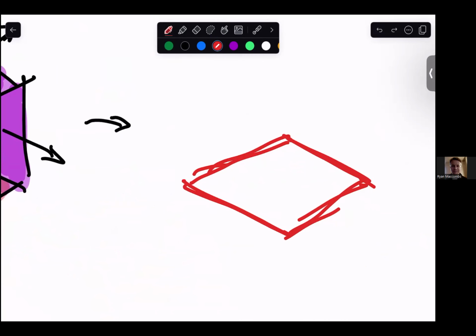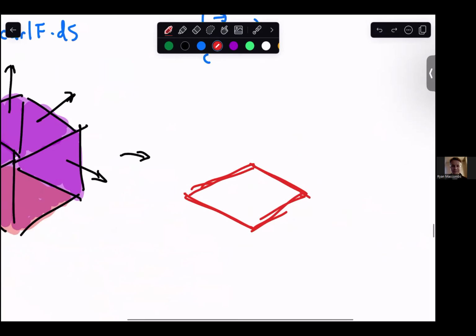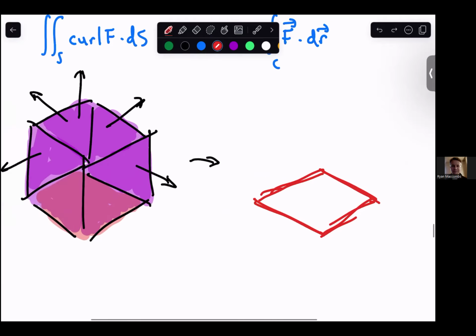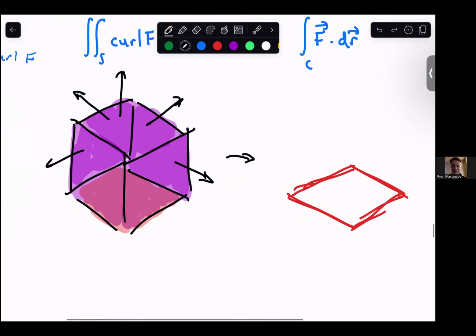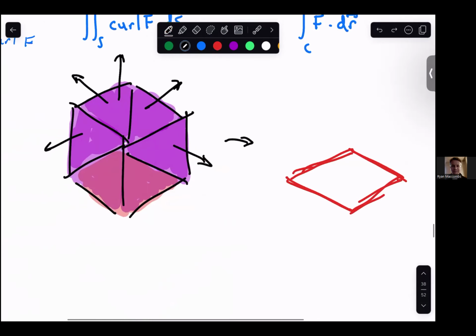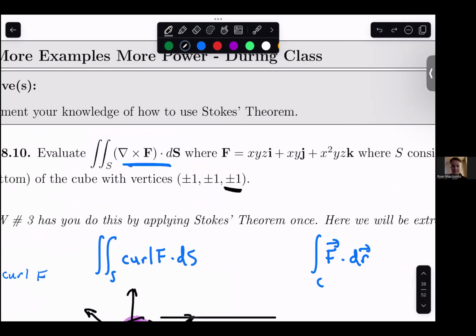So rather than calculating 5 surface integrals, my claim, and you'll see this in WebWork as well, is that we can calculate line integrals, which are easier. And we only would need to do 4 of these, because this basically is a square. All the places where we have z coordinates are going to be -1, because the top is where the z coordinates are +1, and at the bottom the z coordinates are -1.